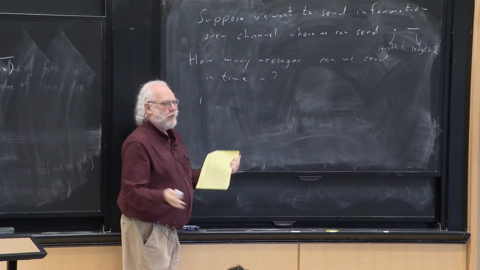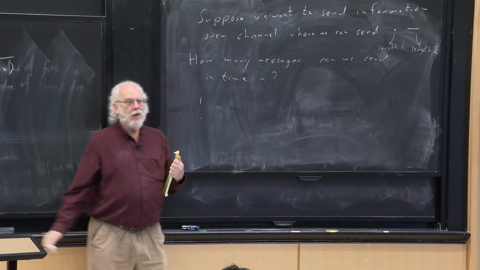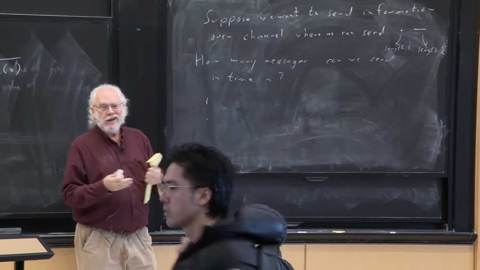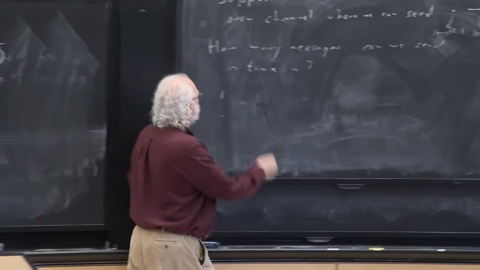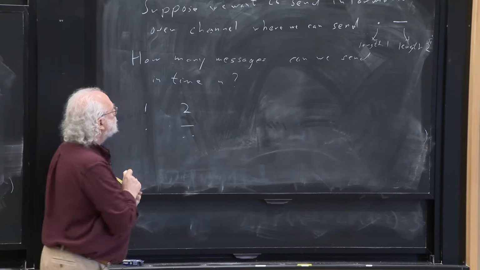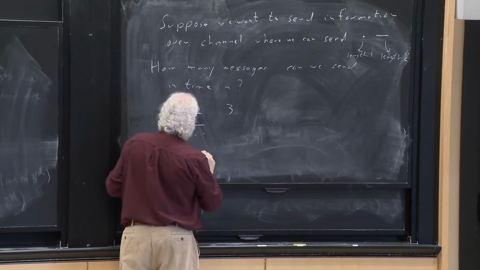With time 1, all we can do is send a dot. So that's not really a message. If you can only send one message, it contains no information. And time 2, we could either send a dash or 2 dots. So that's 2 possibilities.